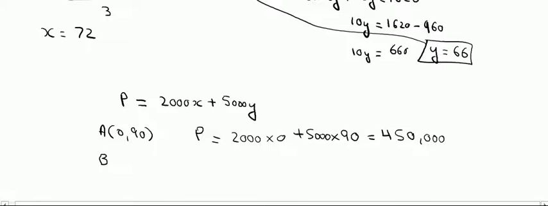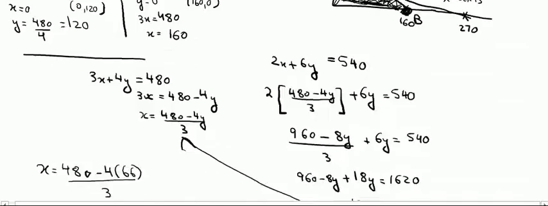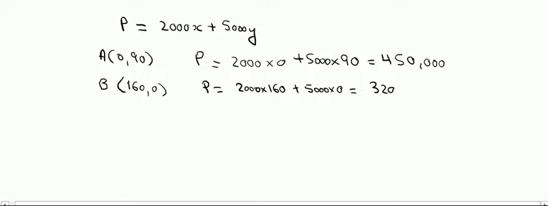At the second point, point B, the coordinates are (160, 0). At (160, 0), our P will be 2000 into 160 plus 5000 into 0, and therefore this will be 320,000.